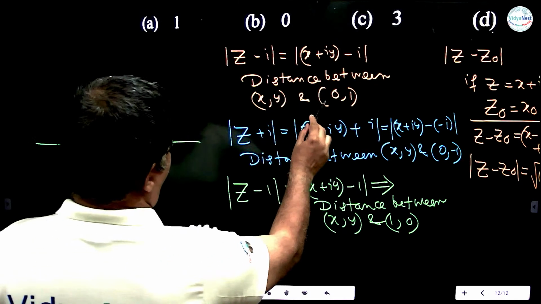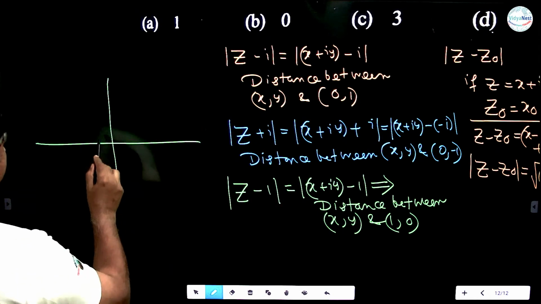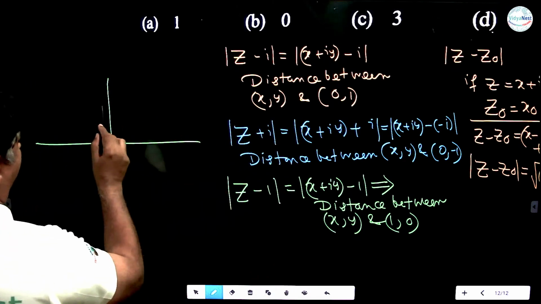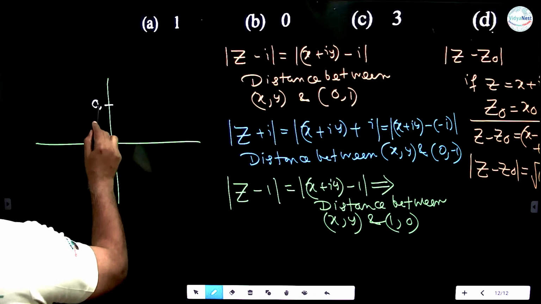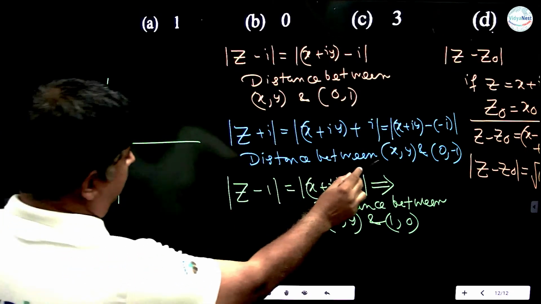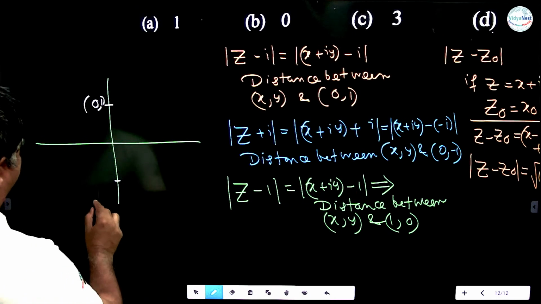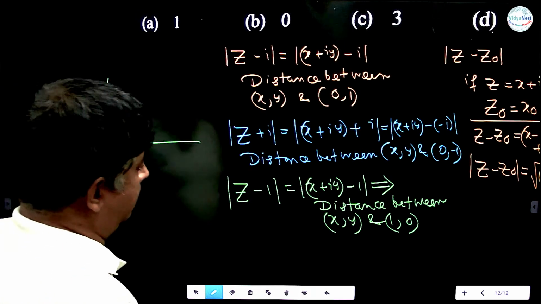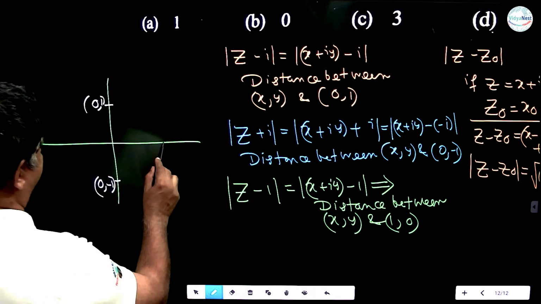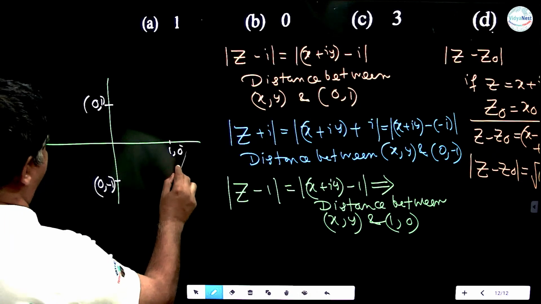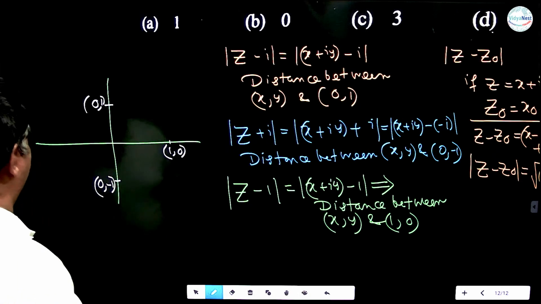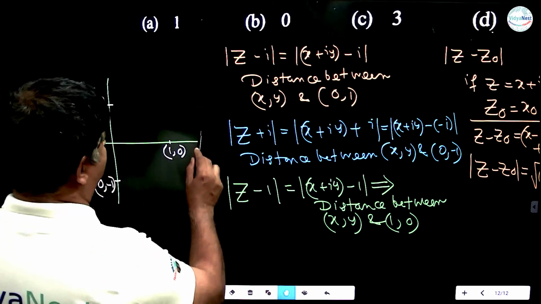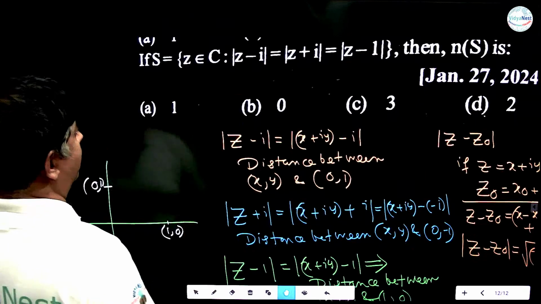See, first (0, 1). Where can I plot (0, 1)? This. (0, minus 1) and (1, 0). Now you see the question. Here what is given?